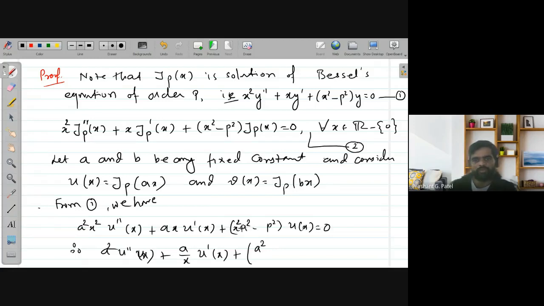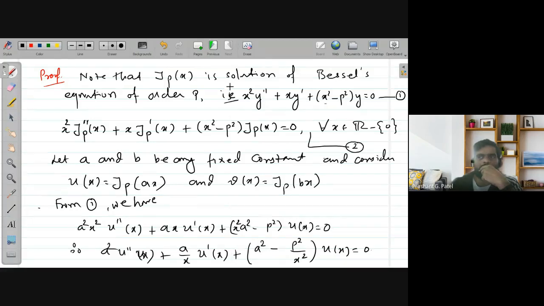I forgot x square to write because it is a square x square minus p square. So this is the thing we got as 0.